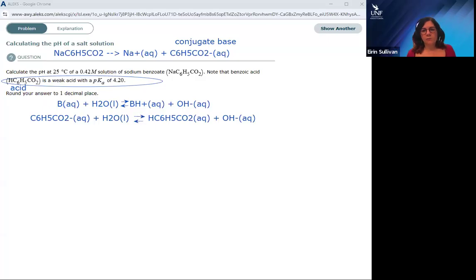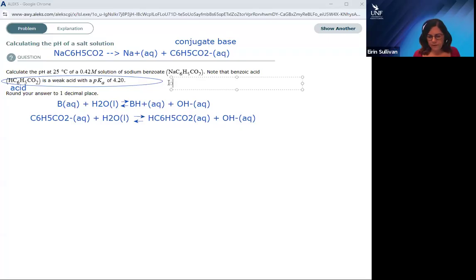So can we write an equilibrium constant expression, a base protonation expression? We can. We need Kb though. Don't worry, we're going to get there. We can write a base protonation constant expression, but the problem is we only have the pKa of benzoic acid, but that's okay. First of all, p's don't worry us. p just means minus log.